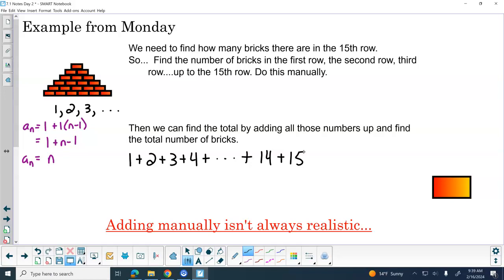Plus 15 is 120. Right? We can do that, but it takes us a while. Adding that isn't always realistic.